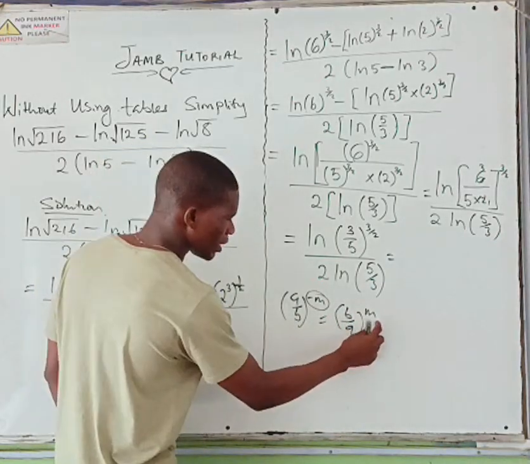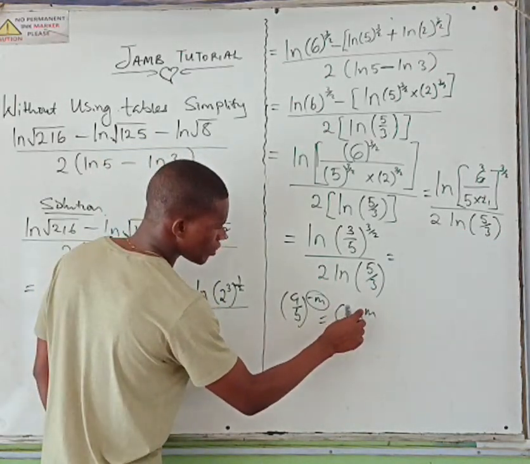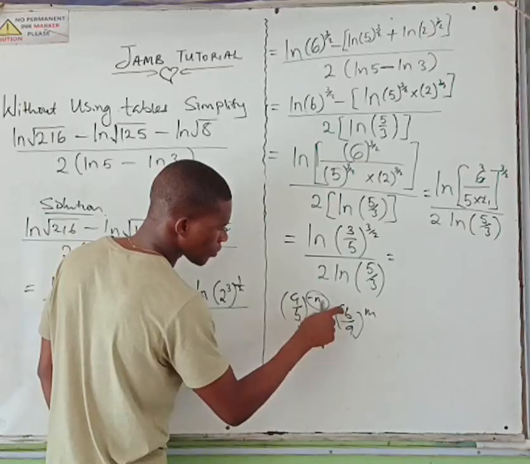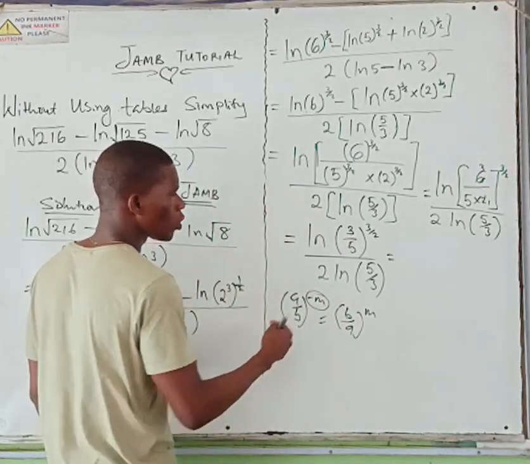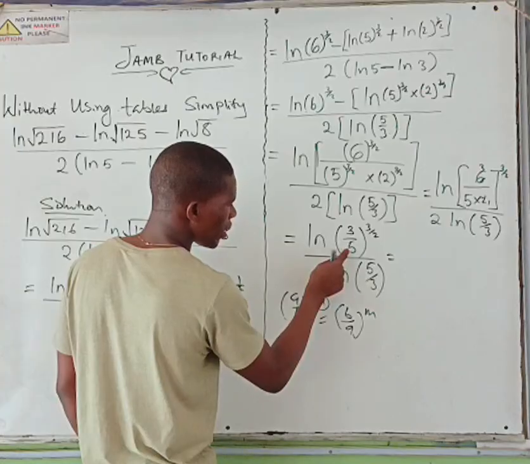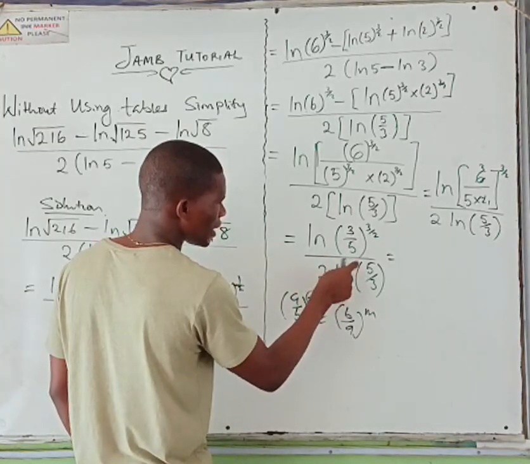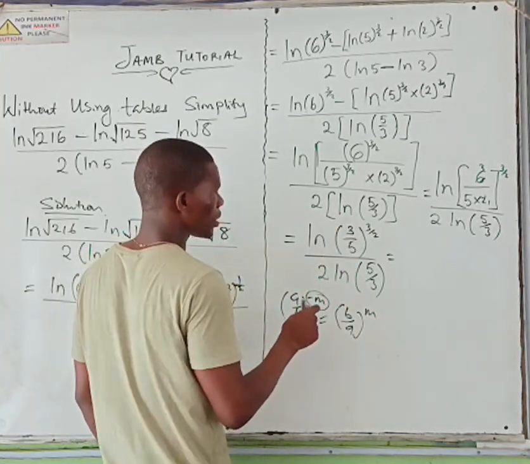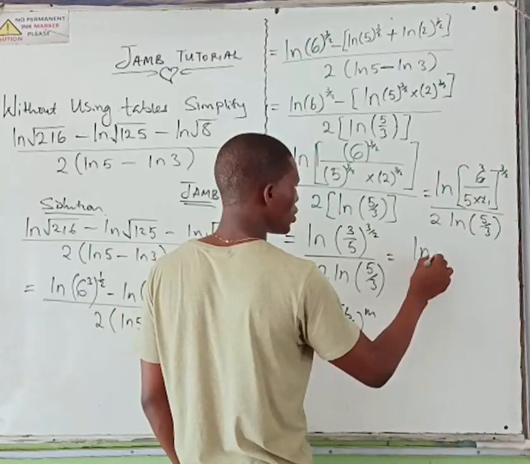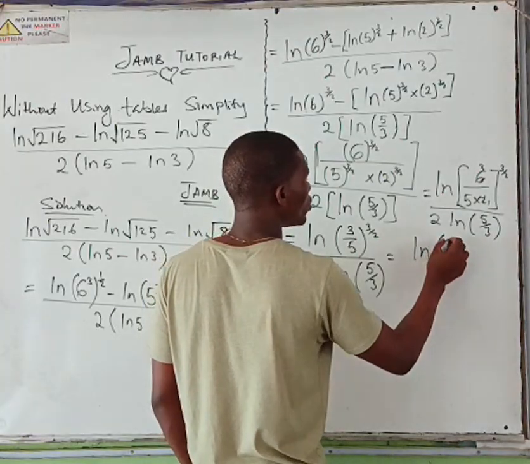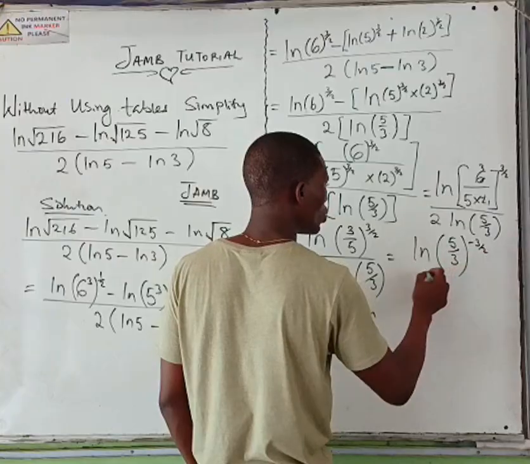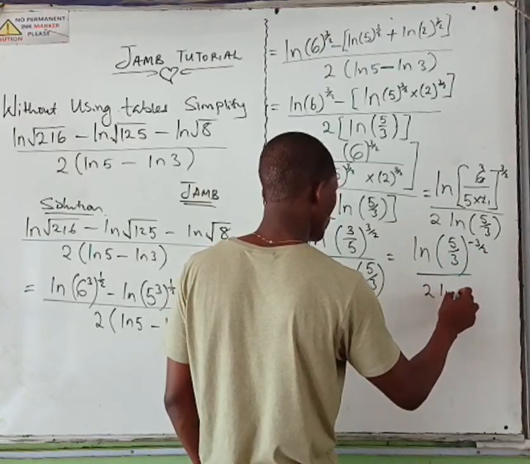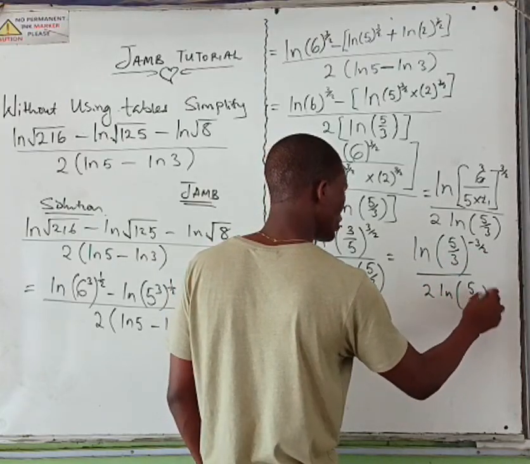Vice versa, if you want to make this one negative, we change the order of the fraction. So if you want this to be 5 over 3, just like this, then this one must have a negative power. So you now have ln of 5 over 3 to the power of negative 3 over 2, all over 2 ln 5 over 3.